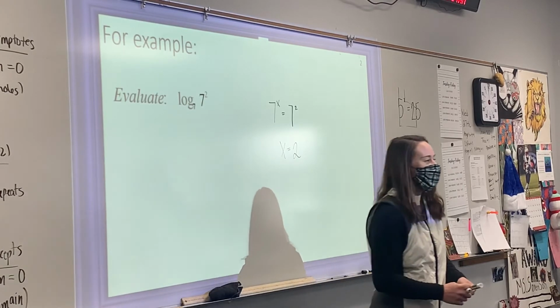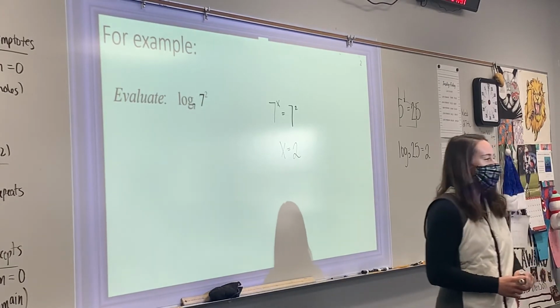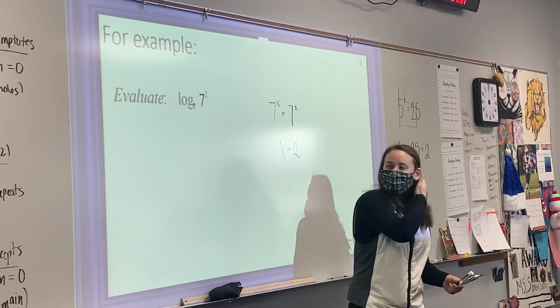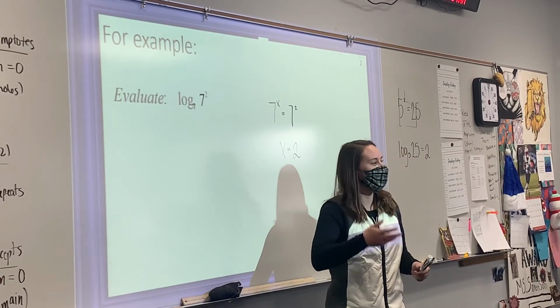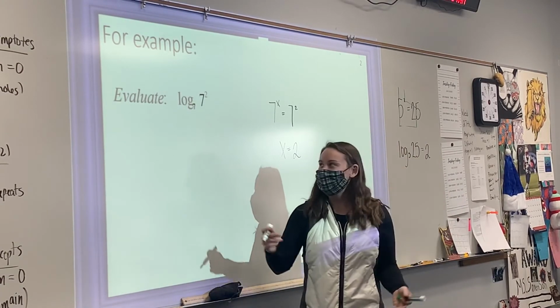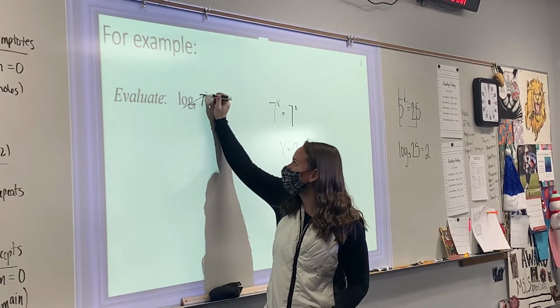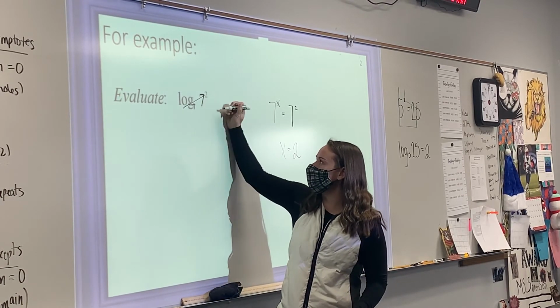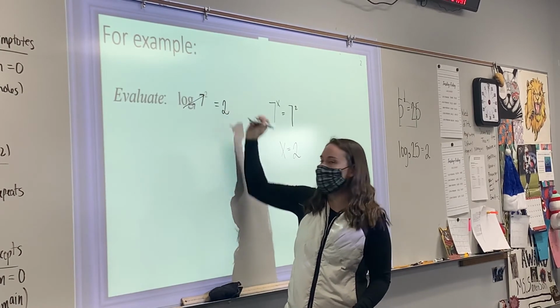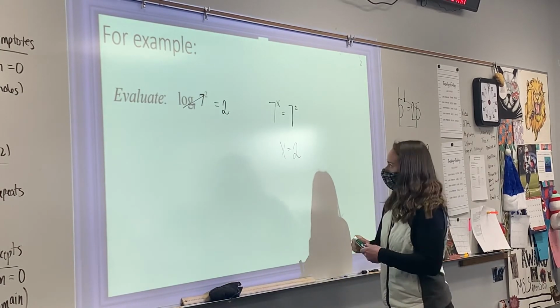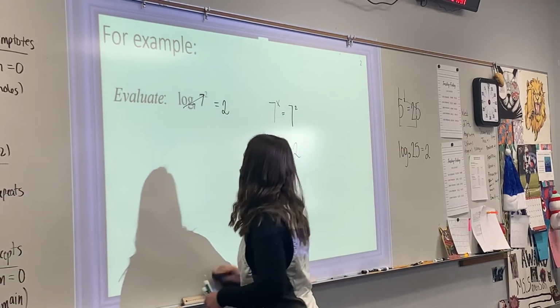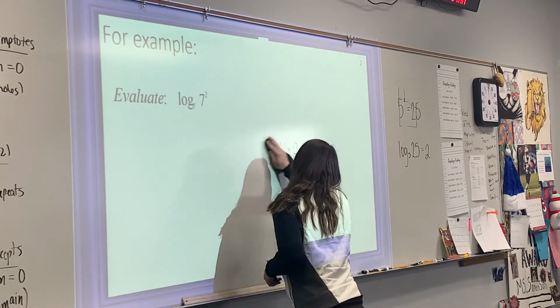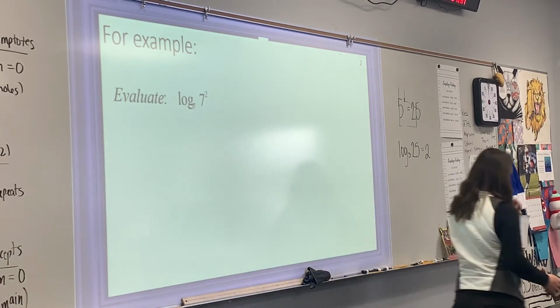Cross them out. If you have a number here that matches a number here, you can cross them out, and this whole answer is 2. The reason why is because they're inverses.